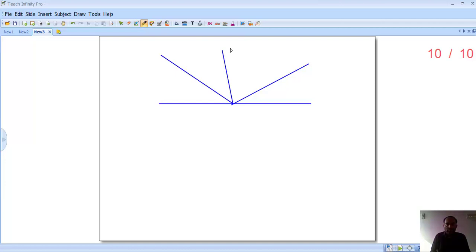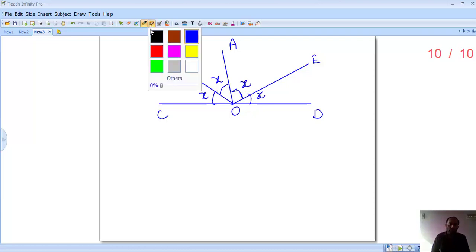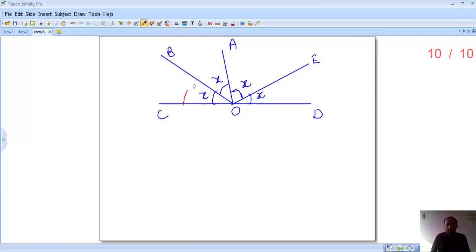Let me give the names A, B, C, O, D, E. He is saying this is X, this is X, this is X, this is X. So find out the value of each angle. You know only one thing, that this complete angle is 180 degrees.